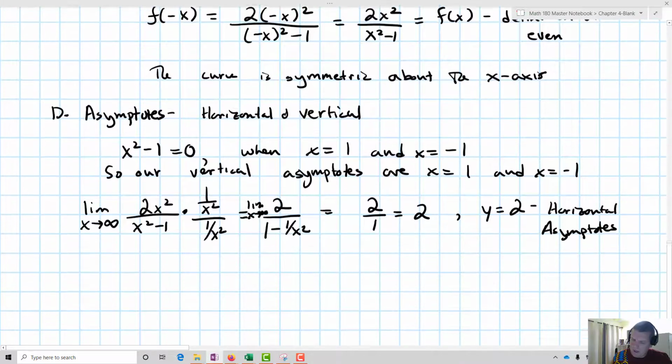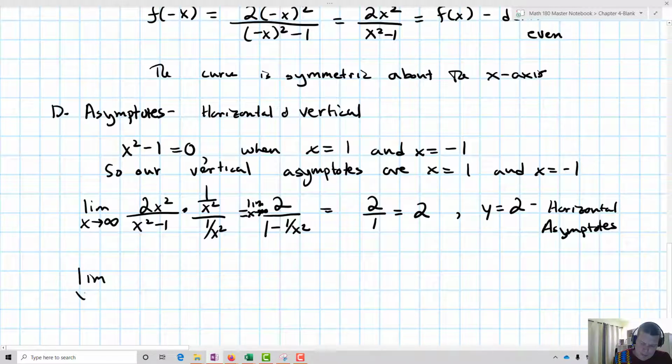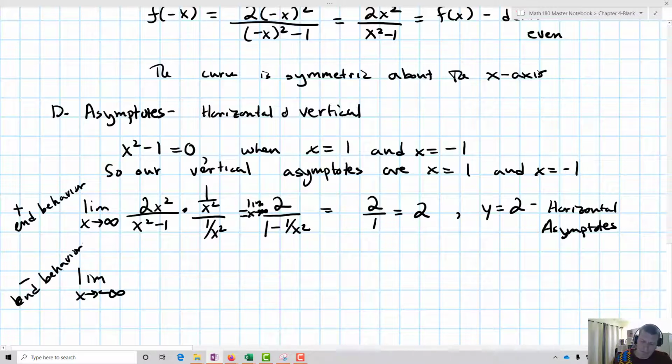Now what about the limit as x approaches negative infinity? So this is the positive end behavior, and this one here is going to be the negative end behavior. So we have the limit as x approaches negative infinity of 2x squared over x squared minus 1. And then we're going to do the same thing. We're going to divide by 1 over x squared and 1 over x squared.